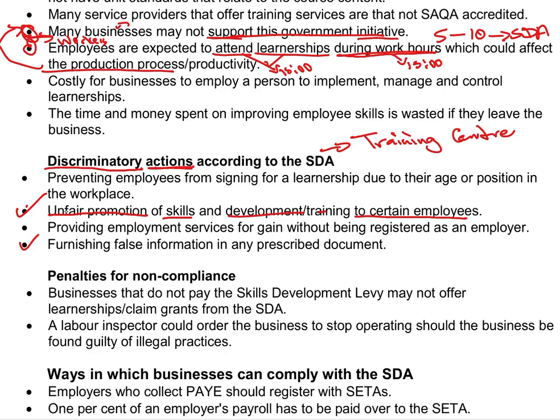So for example, a company only trains managers, not lower level staff. That's unfair. Am I lying? No, sir. I made it easy, right? Or should I try to make it easier? I believe it's easy the way I explained it.